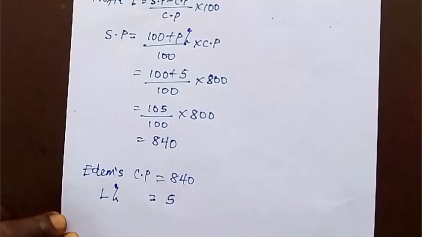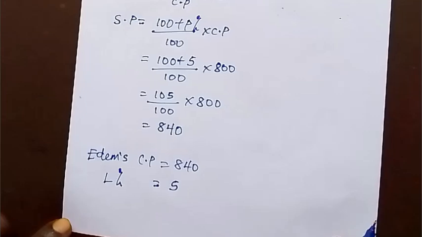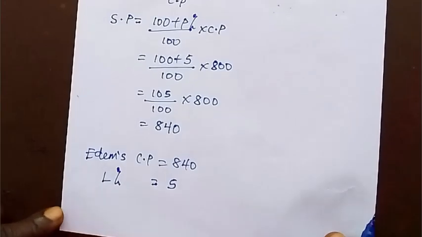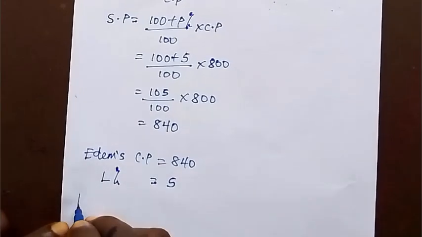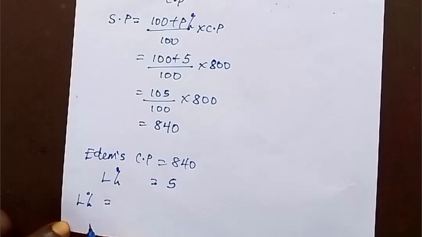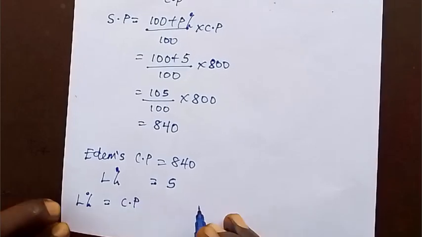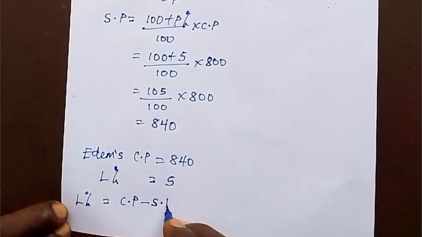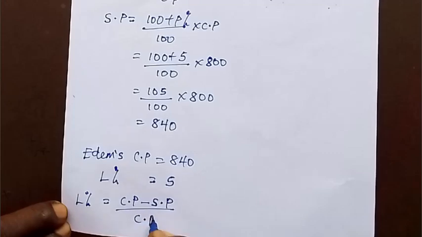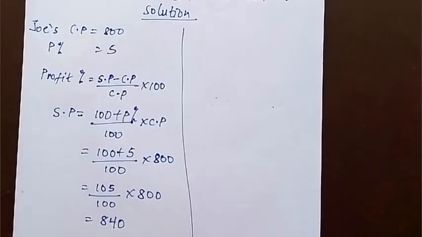Since we are dealing with loss, we use the loss formula, which is loss percent is equal to our cost price minus our selling price all over cost price multiplied by 100. From this, we know the loss percent, we know the cost price, so what we need to determine here is the selling price for Edem.